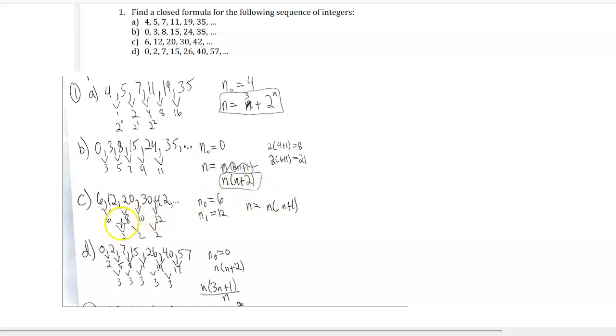So for C, we had 6, 12, 20, 30, and 42. The difference between 6 and 12 is 6, 12 and 20 is 8, 20 and 30 is 10, 30 and 42 is 12. There's really not much of a discernible pattern between those numbers. However, the difference of the differences is 2.